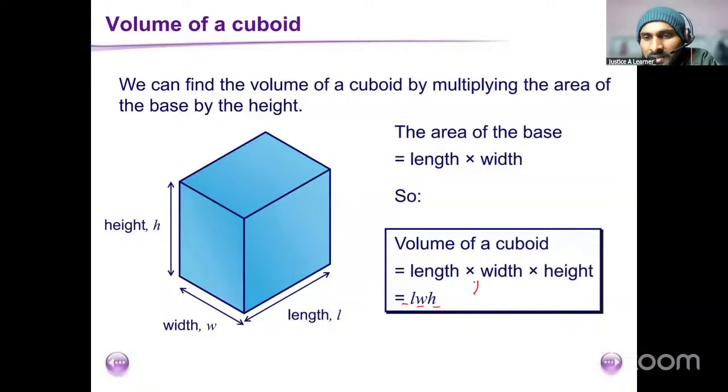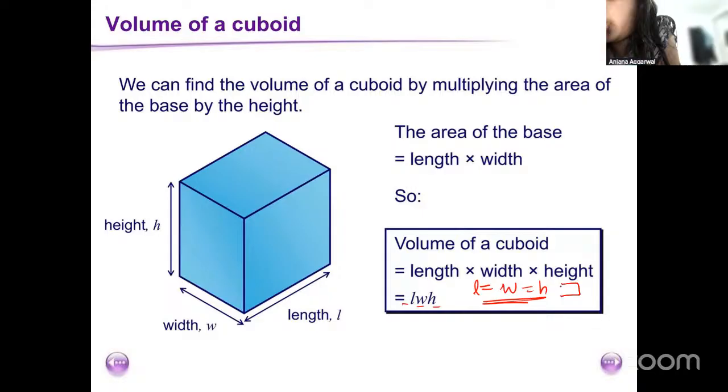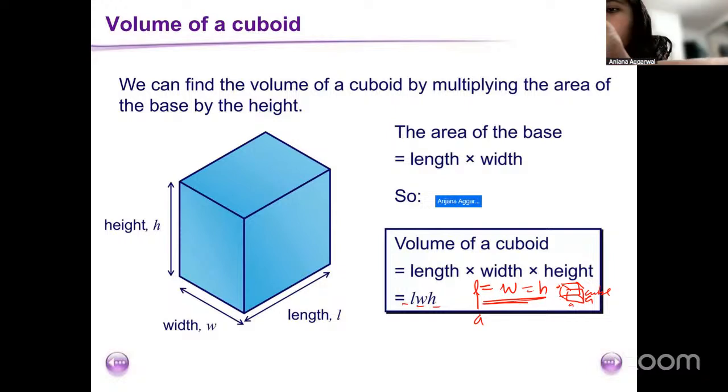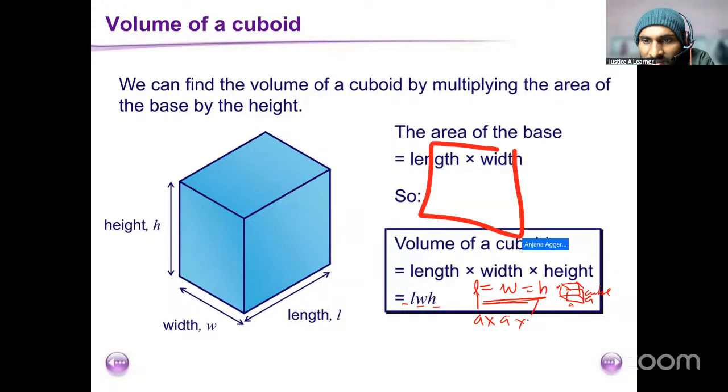So in the case of cube, L is equal to W and W is equal to H. All are equal. Is that true or not? I'm talking about a cube, not cuboid. So if I consider this side to be A, then all sides would be A, right? So L is A, W is also A, and H is also A. So won't it become A cube?